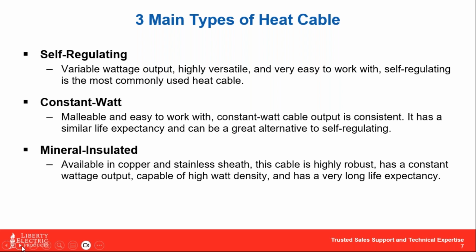But they've got some different properties that we're going to identify in addition to self-regulating. And the mineral insulated cables are very similar to a constant wattage cable in how they function. These are engineered and produced specifically per application, so they're a little bit more complex than your standard constant wattage, and we'll get into that in a moment.